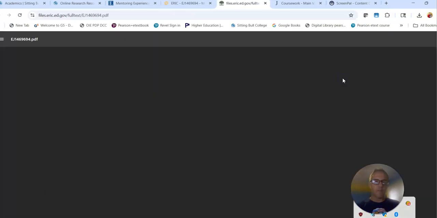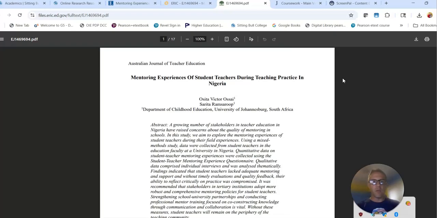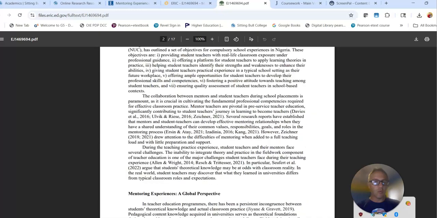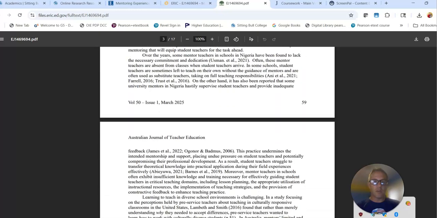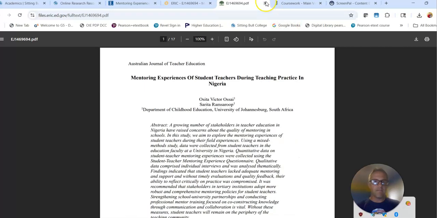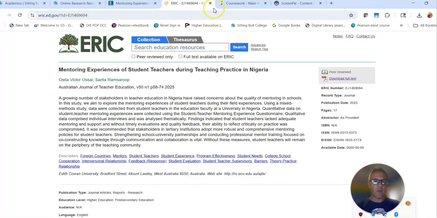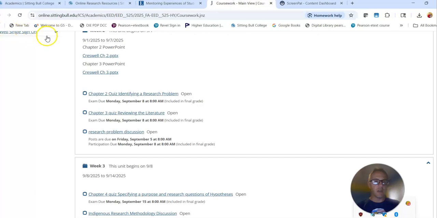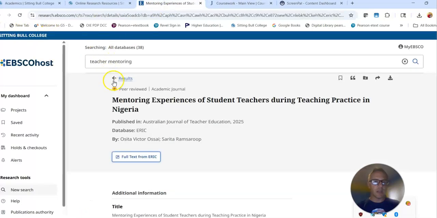You click on that, and then right there you have your journal. Some you don't have to go that extra step with in looking at it through Eric. Some you do. But you can save it, you can print it, however you want to do it in terms of being able to keep that, look at it, read it, review it, and skim it. Okay. As we have questions on these, please reach out and let me know.